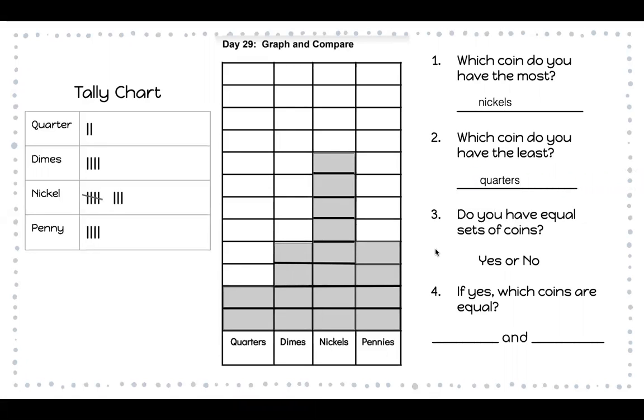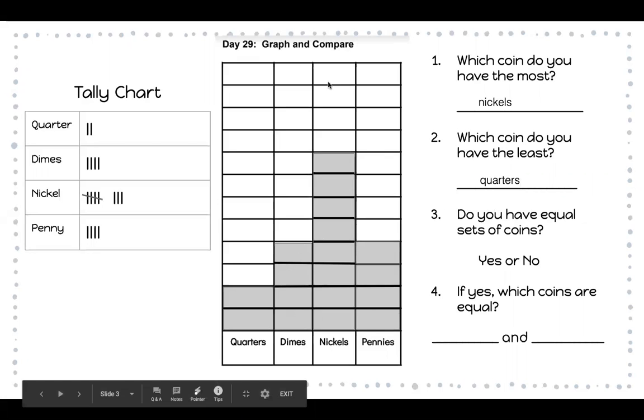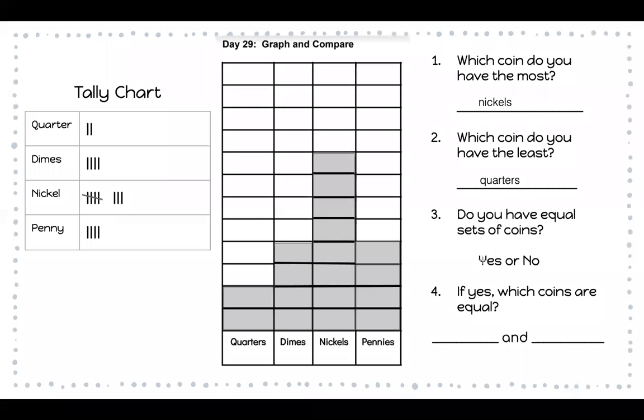Now, number 3, do you have equal sets of coins? Yes or no? That means it's asking me, do I have 2 coins that I have the same amount of? And I do. I have 4 dimes and 4 pennies. So my answer is yes. I'm going to circle that answer.